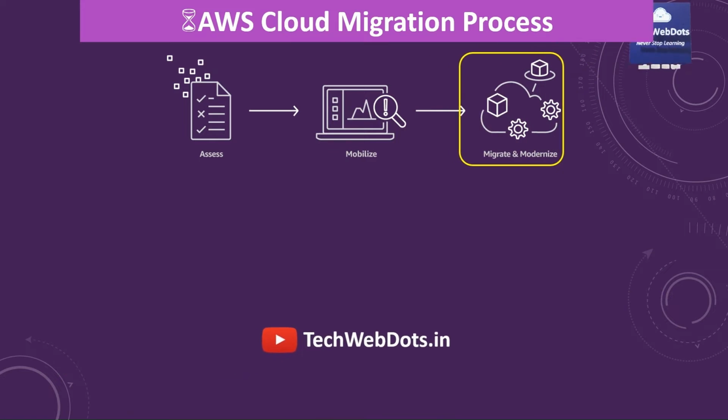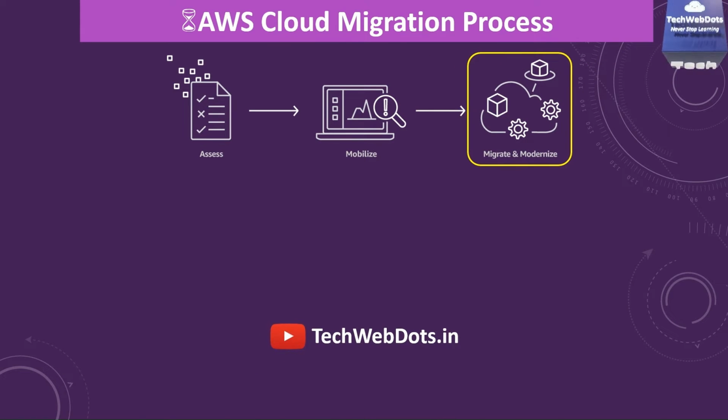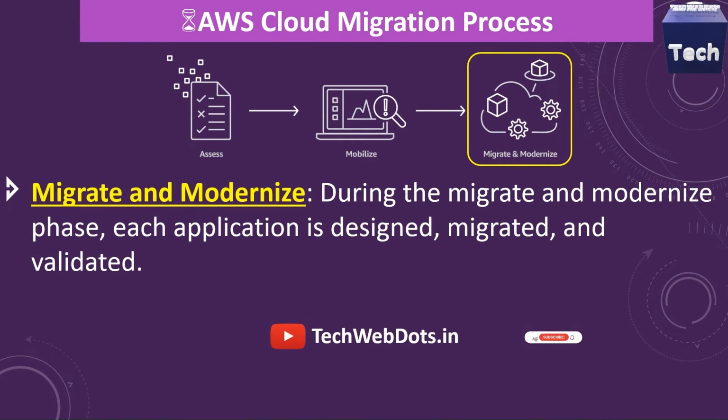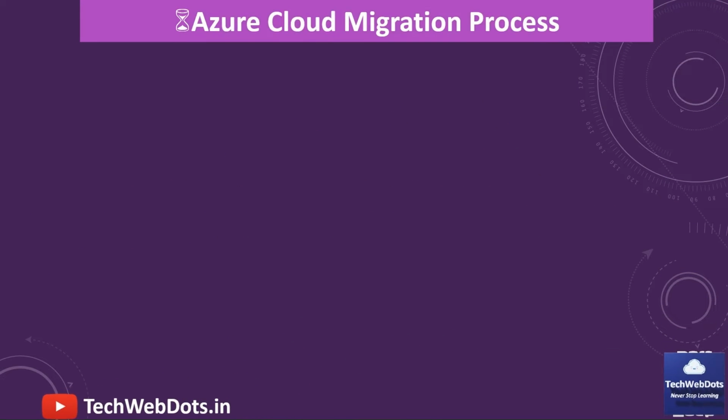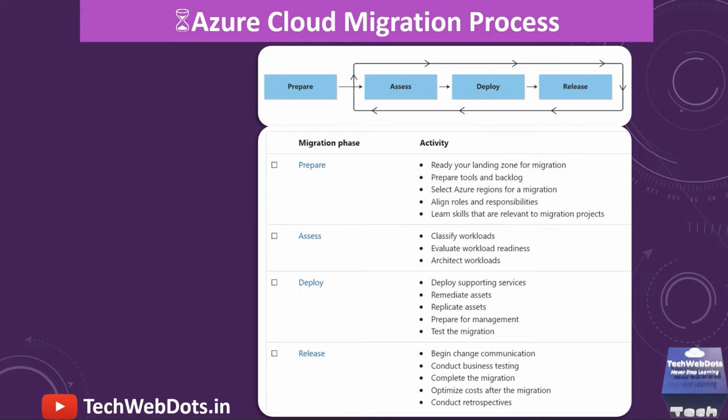So this is really important. And the final one, as you already know, is migrate and modernize. So during the migrate and modernize phase, each application is designed, migrated, and validated. So we have seen from two angles how the whole process looks.